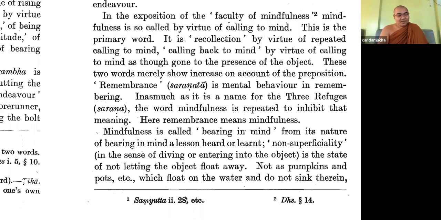Anu is explained as anu, but sati is explained as saraṇa, saraṇavasena. By means of vasena you can say anusaraṇa, anusati, bhāva saraṇa. That way we have to understand. That is the main definition.